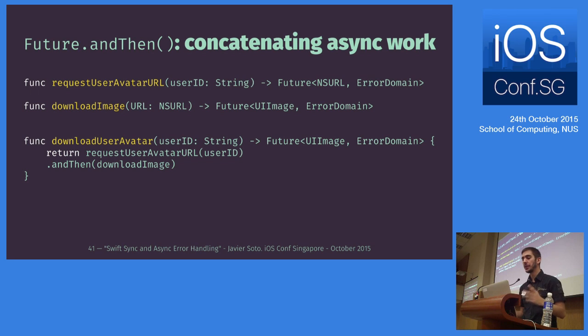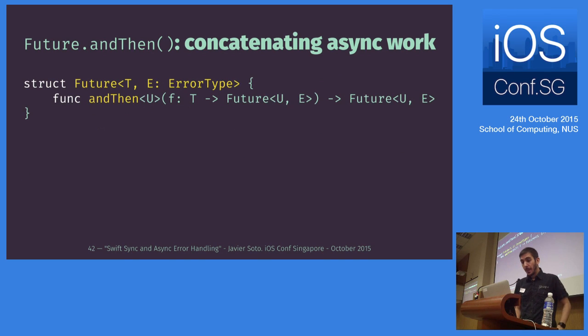English is not my first language, but I don't think flatMap is in everyone's dictionary. So I prefer something like andThen. It's a little more descriptive. And this is the type signature. It's very similar to map. But the block that we're passing, instead of returning a value, is returning a new future.